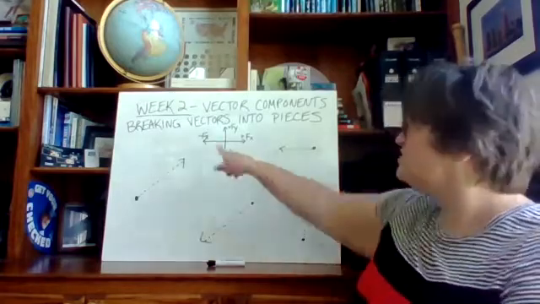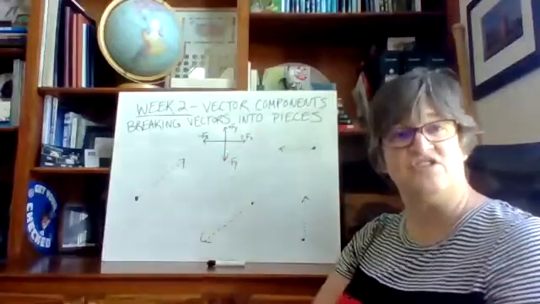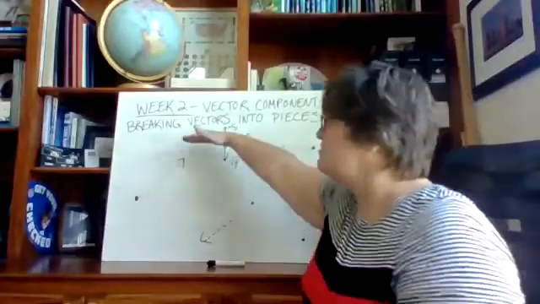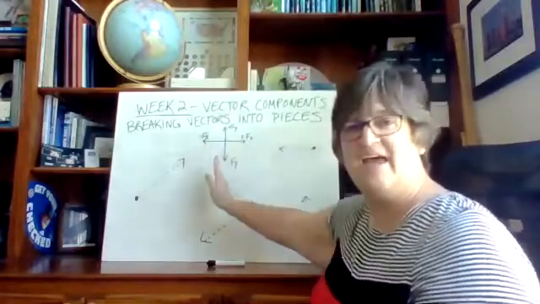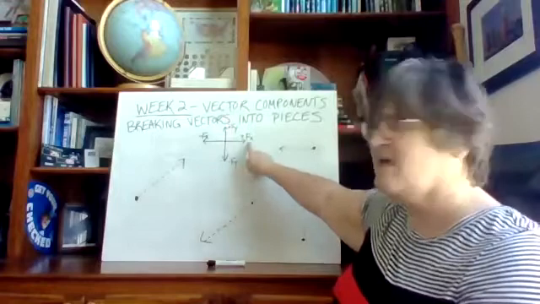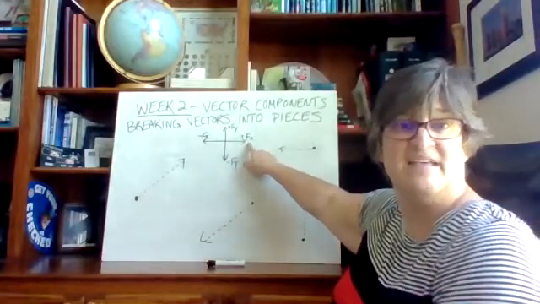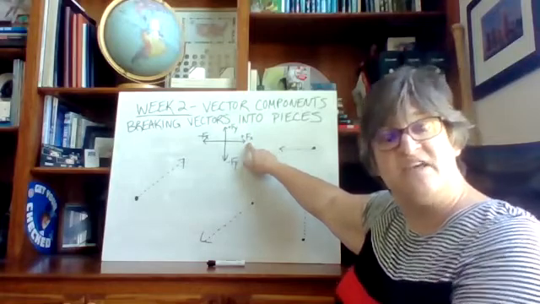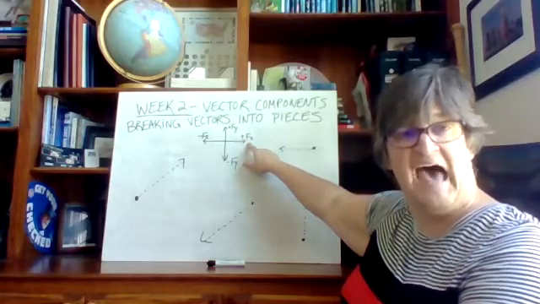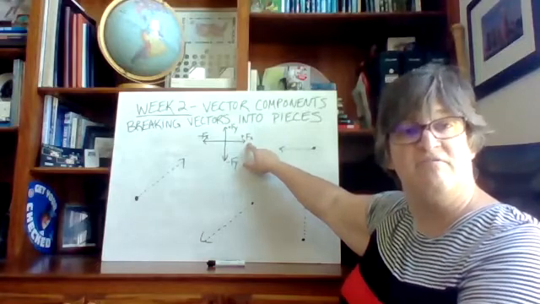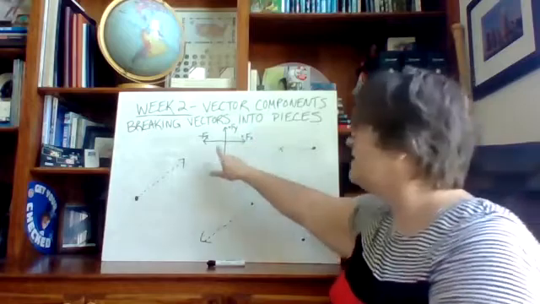So right here, I have an XY axis, just like you would in math class. You have the x-axis that goes horizontal, and you have the y-axis that goes vertical. If you are over to the right on the x-axis, that's where the positive numbers would be. In physics class, we call that a positive Fx, or a force in the x direction positive.